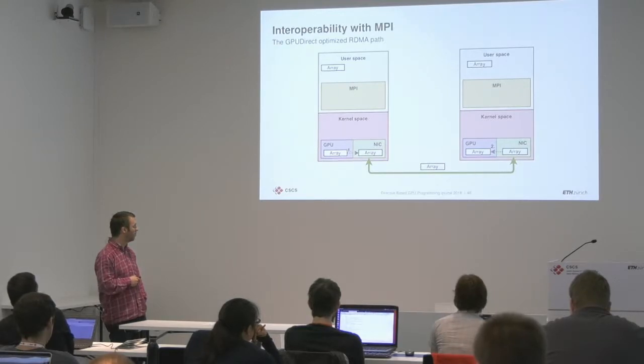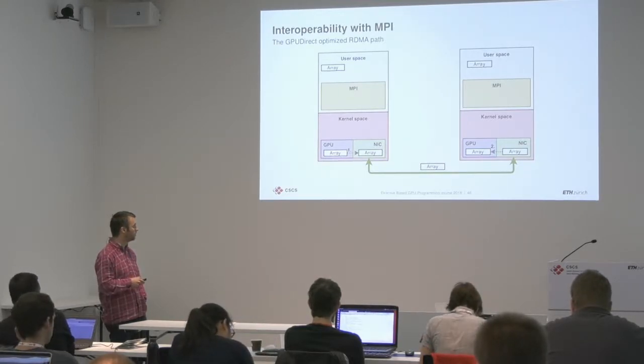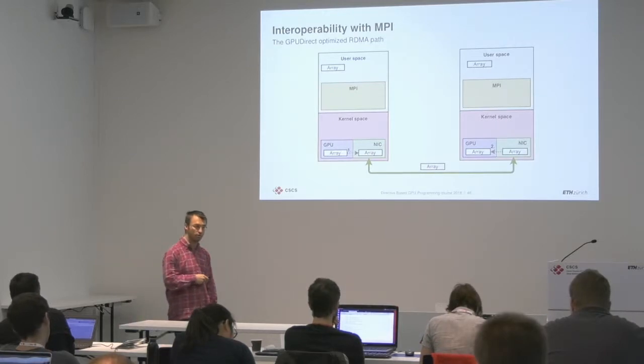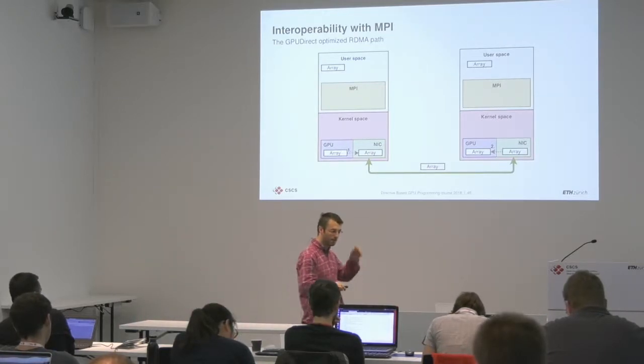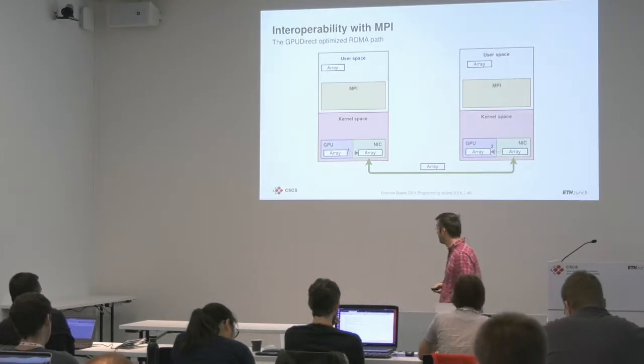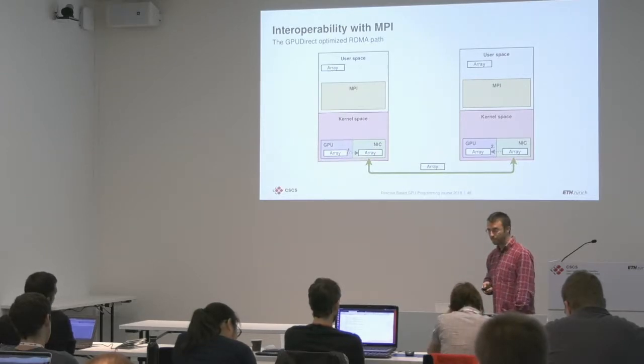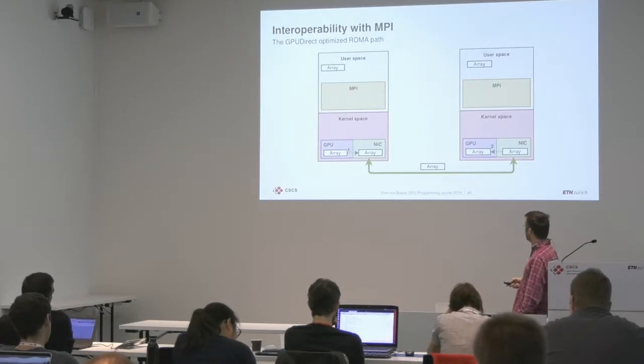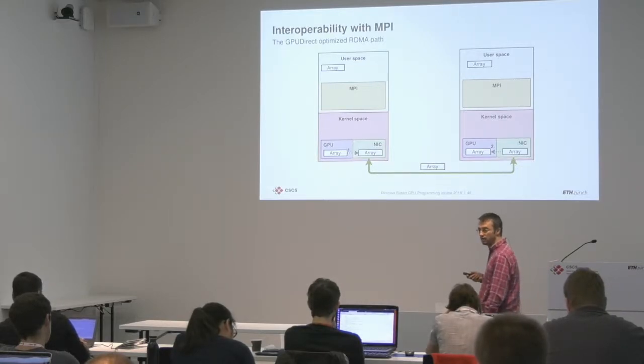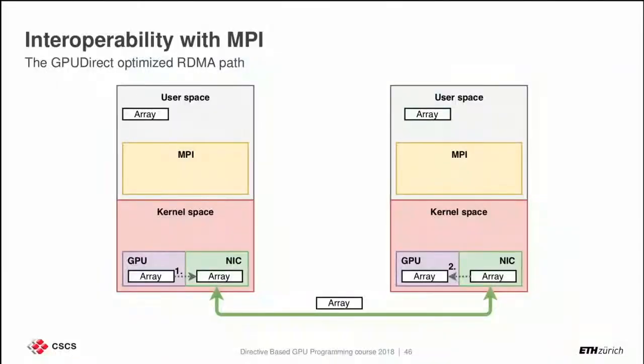Then we avoid all the copies, go to the network card, and then again to the GPU. So we avoid all this complex data path, and everything happens inside the kernel. This is really beneficial in terms of performance.